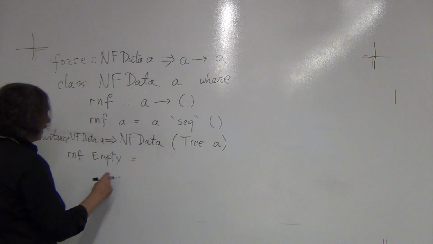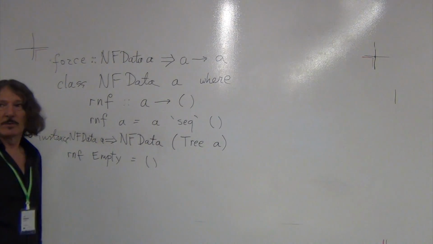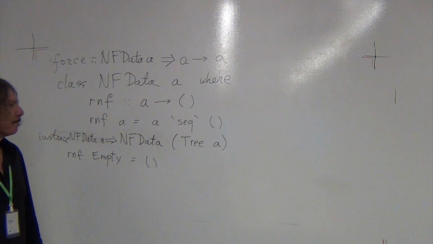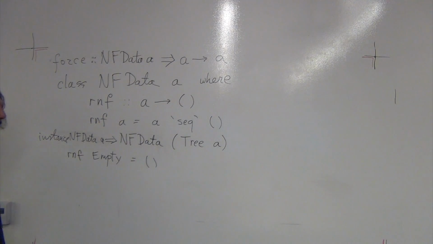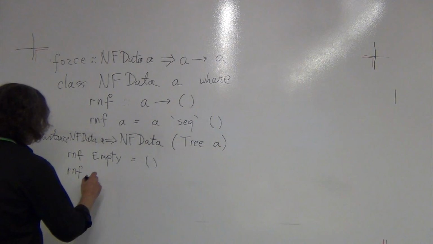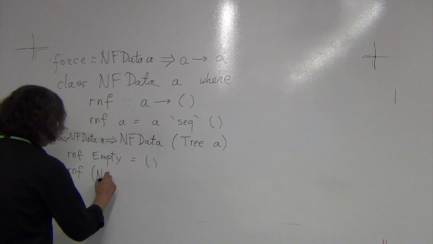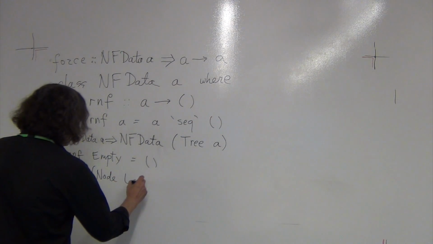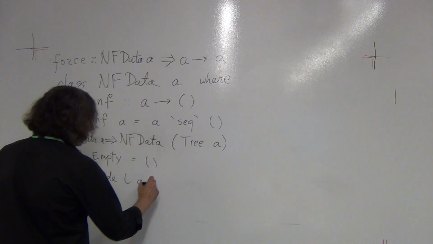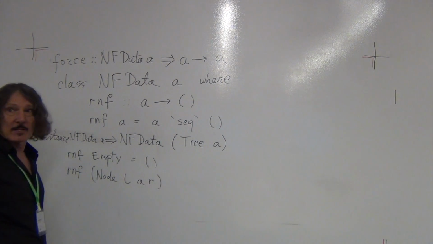RNF is supposed to return unit, so we'll just return unit. So on empty tree, RNF does nothing. However, if you apply RNF to a node, there's the left branch, some value A, and then the right subtree.